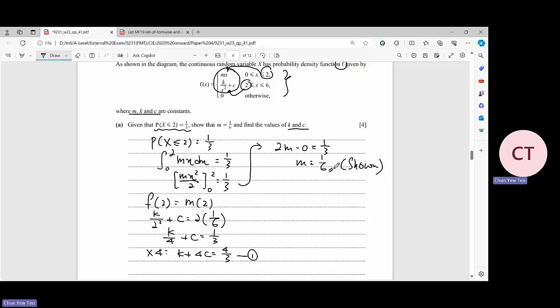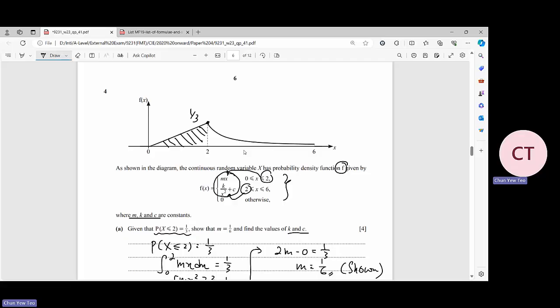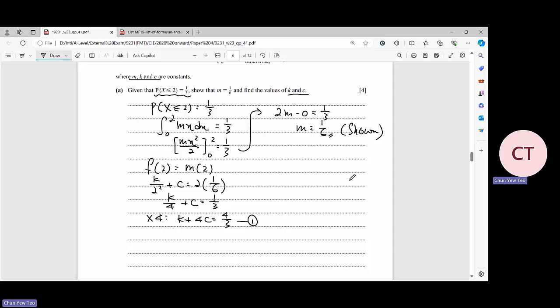Another piece of information we can use is the area over here. Since this is 1/3, the remaining area will be 2/3, because the total must be 1. So now we integrate: the probability for 2 to 6 is equal to 2/3. That means if we integrate from 2 to 6 of k over x squared plus c dx, I will get 2/3.